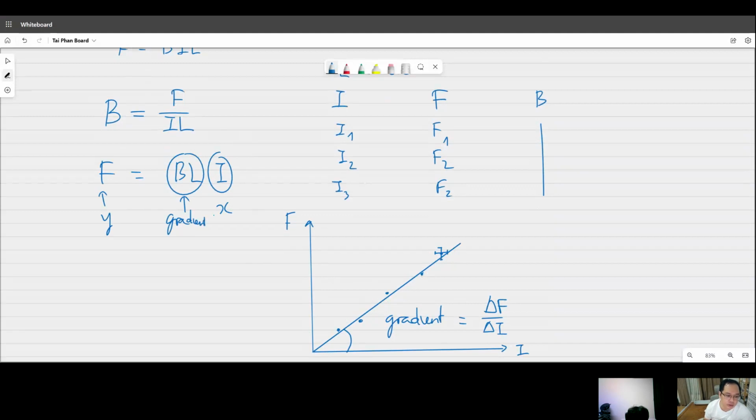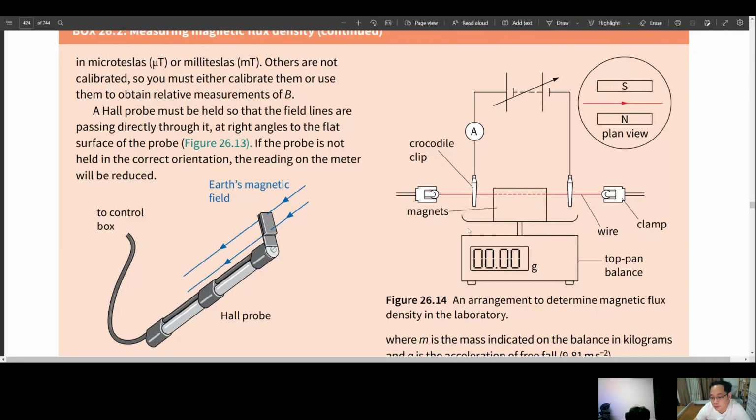Multiply with X, Y equals gradient times X. That is the linear relationship. Gradient equals B times L. That's it. The method to measure the magnetic field intensity with simple tools.